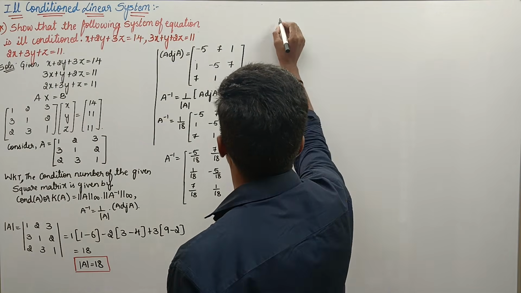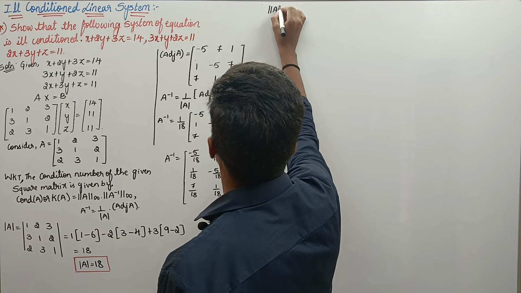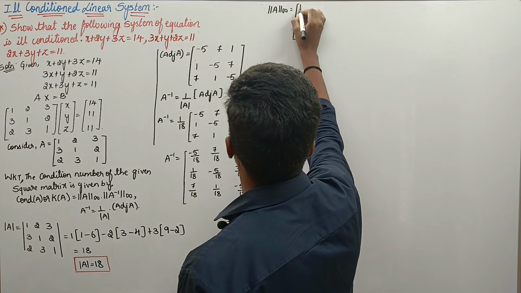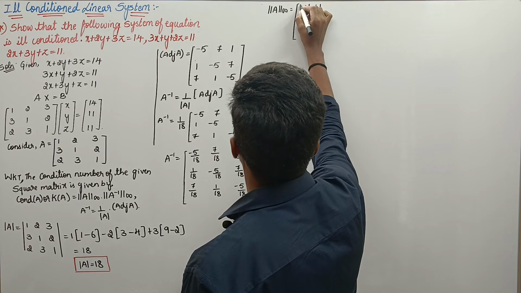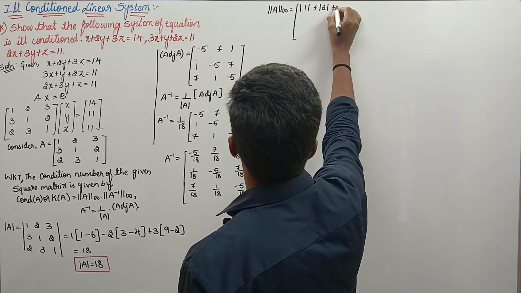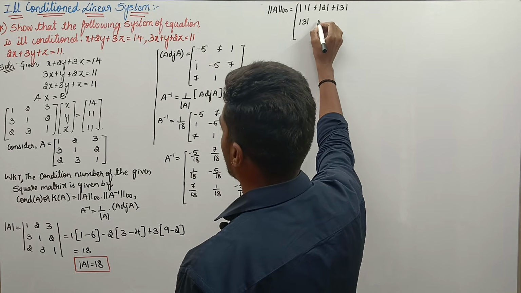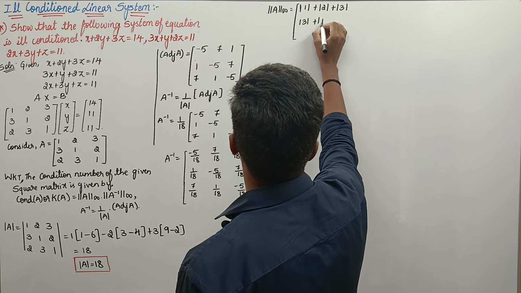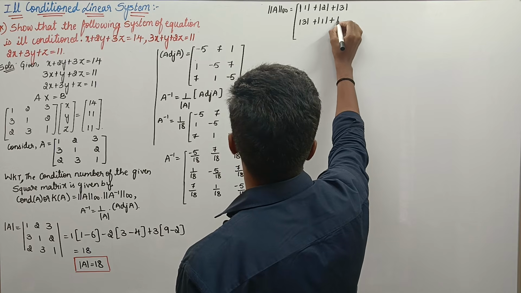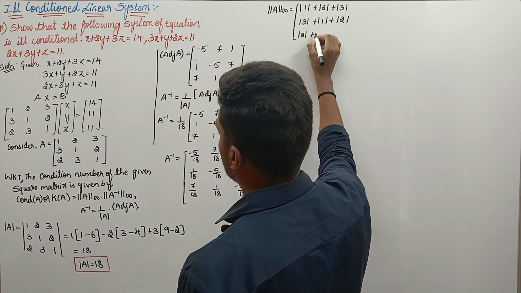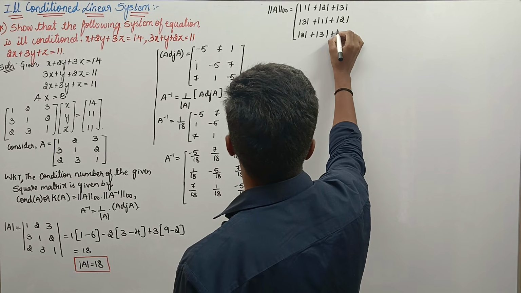First, let us find norm A infinity. Norm A infinity is equal to modulus 1 plus modulus 2 plus modulus 3 row wise. Next, modulus 3 plus modulus 1 plus modulus 2. Last, modulus 2 plus modulus 3 plus modulus 1.